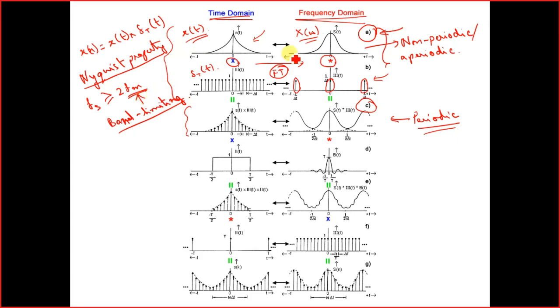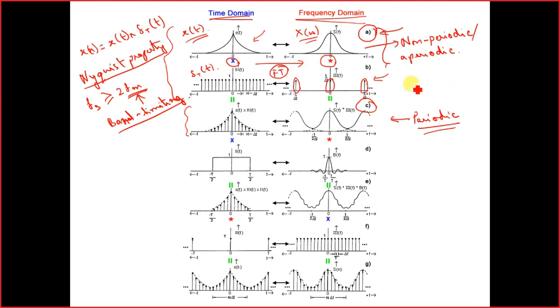Band limiting means we are restricting the frequency components of the signal. So if we perform sampling in the time domain, we are band limiting, or restricting, the frequency components in the frequency domain. Now, why do we want to do this?